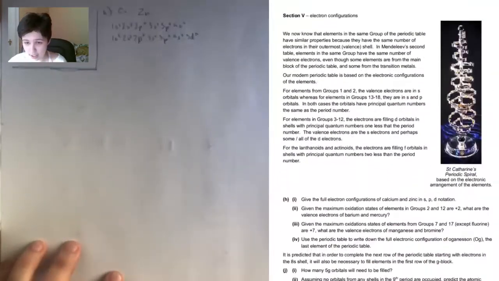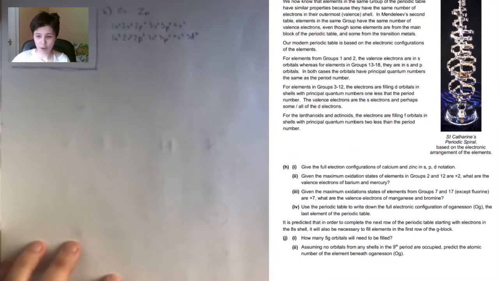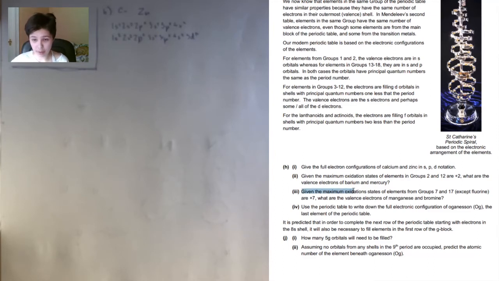Returning, given the maximum oxidation states of elements in group 2 and 12 are +2, what are the valence electrons of barium and mercury? And then the same question for given the maximum oxidation state of the elements of group 7 and 17, except fluorine, are +7, what are the valence electrons of manganese and bromine?